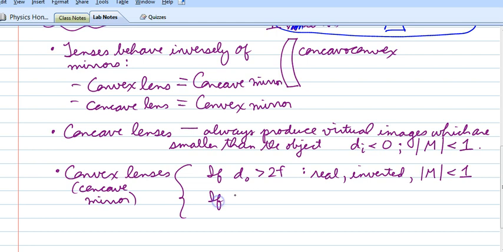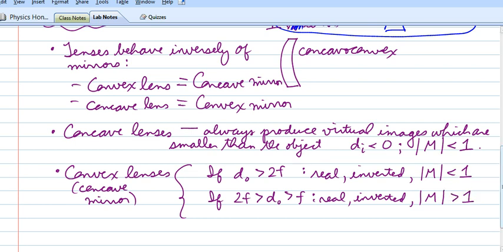Option number 2, if we are in between the center and the focus, we still have a real inverted image, but now the magnification will be greater than 1, absolute value.